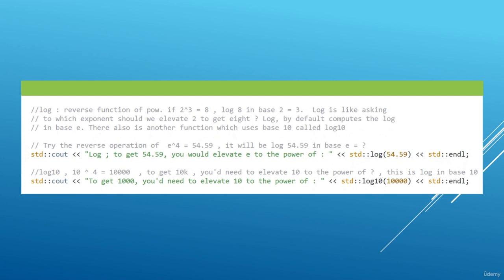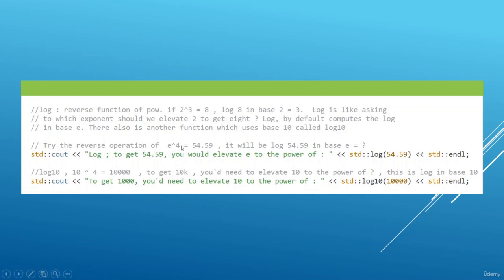And we have log functions, which is basically the reverse of the power function that we just looked at. If you do log 8 in base 2, for example, it is like you are asking, to which power should I elevate 2 so that I get 8? And the answer here is going to be a 3, of course. But the catch is that the log function by default works in base e.